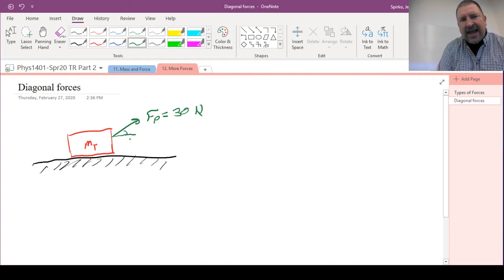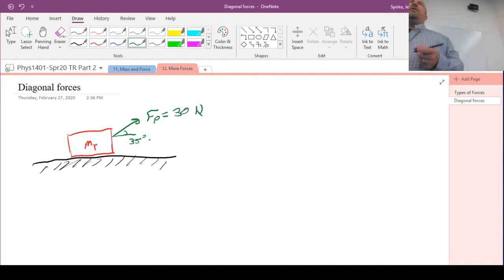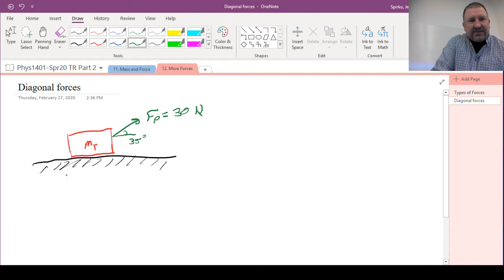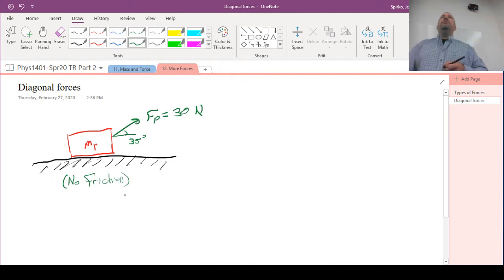But at an angle of, let's not make it 30 degrees, let's make it 35 degrees. So this is the case if you were like pulling some kid on a wagon or something like that. And one of the things I'm going to say is no friction. We'll deal with friction on Tuesday, not today.